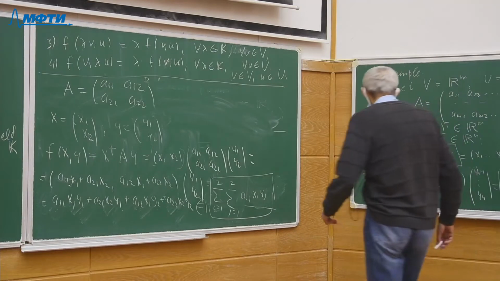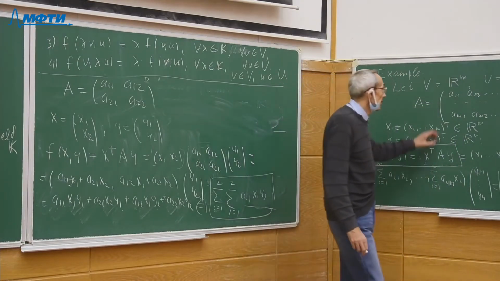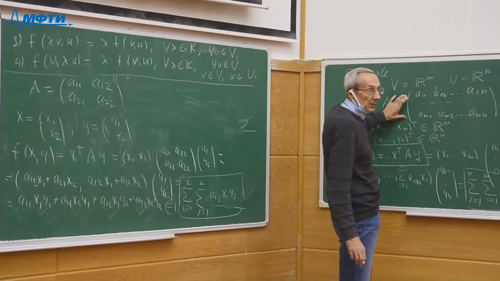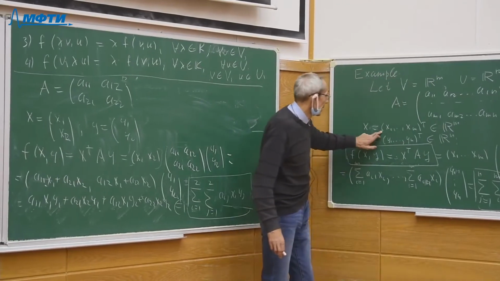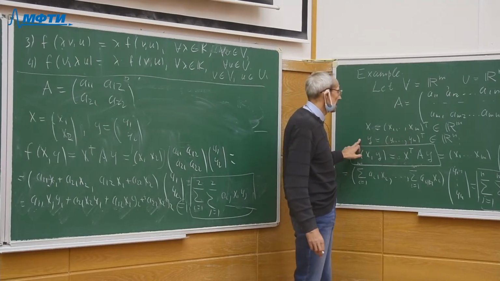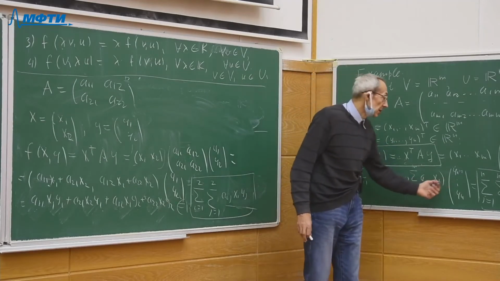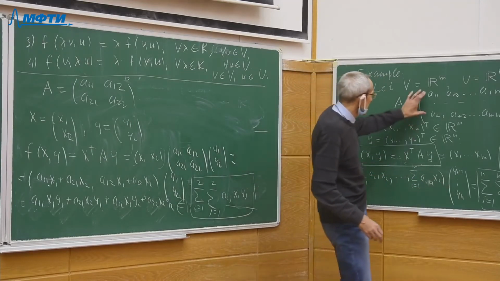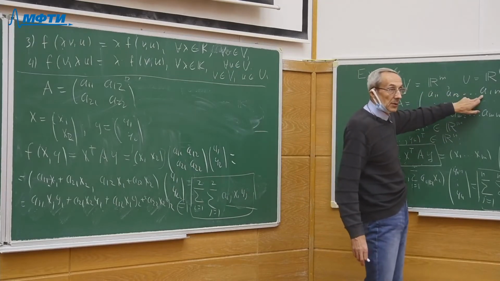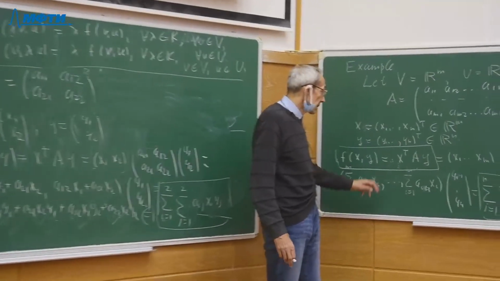In the general case, we have the same sum calculation, but we have an arbitrary matrix of arbitrary size m times n, and the vector x has m components, and the second vector y has n components, and we have this product. Easy to see that this matrix has m rows and n columns, and such a product is well defined.